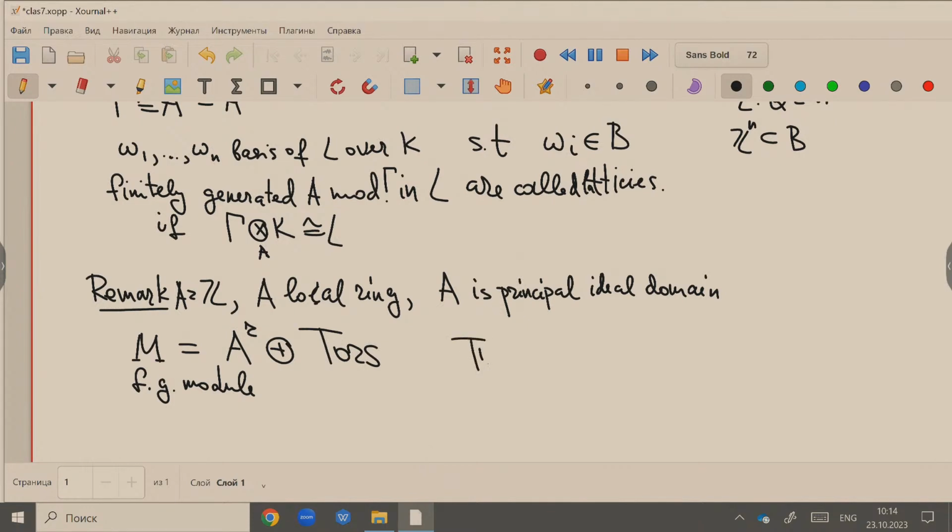The torsion part of M is just the set of elements such that there exists f in A such that f annihilates m. Yeah? So A is supposed to be without zero divisors, so A is an integral domain because we start with a subring in the field of fractions.